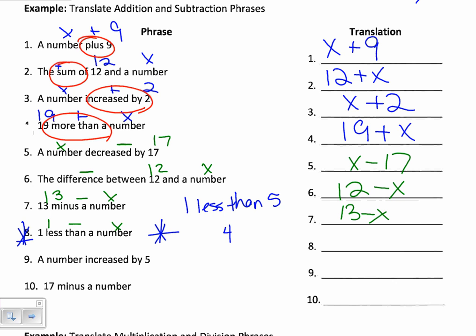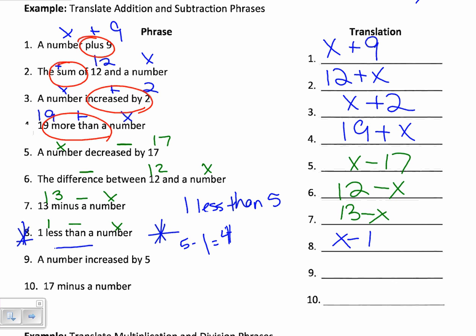And how would I figure that out? Well, I would take 5 minus, not 5 minus 4, I would take 5 minus 1 to give me 4. So be careful. When you see the words less than, it does mean subtraction, but it means backwards. So I'm not going to do 1 minus x, I'm going to do x minus 1. So be careful with that one.